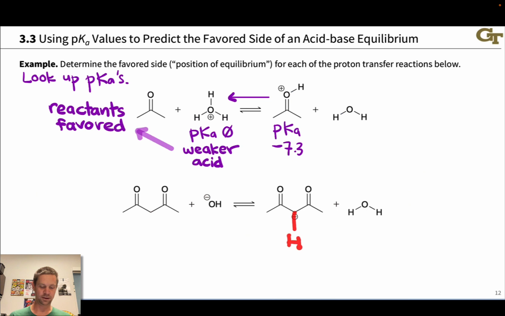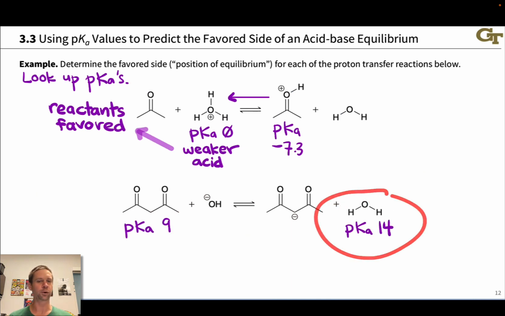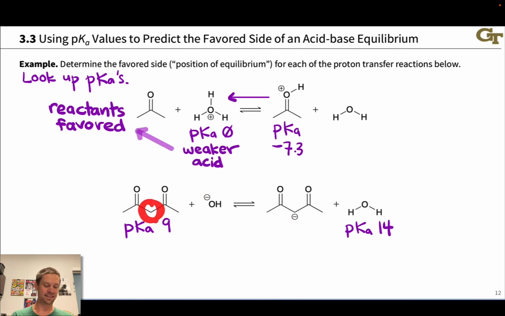There's an H here, and there's a lone pair at that carbon. So this is acting as an acid and forming its conjugate base. Okay, so we've got an acid here, we've got an acid here. Well, we know the pKa of water, that's 14. The pKa of this dicarbonyl compound, specifically at this carbon, which is the most acidic carbon in the molecule, for reasons we'll discuss in the next video, has a pKa of 9.